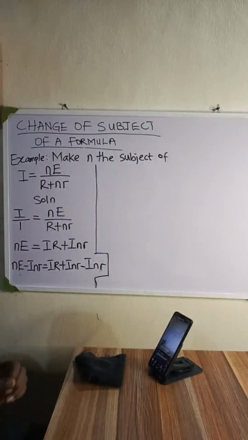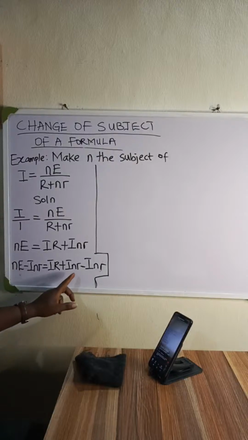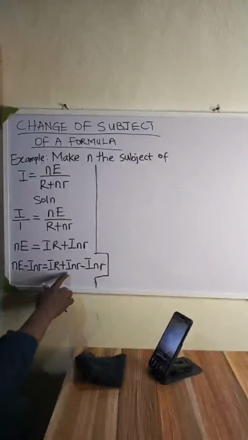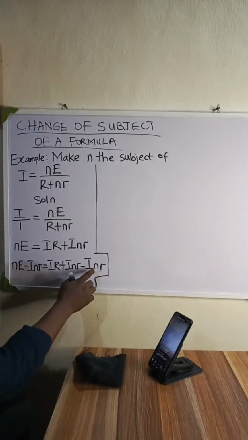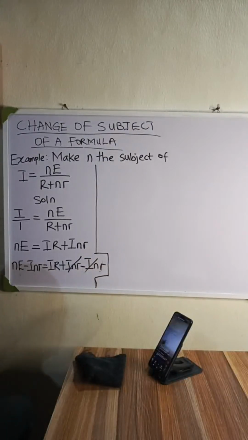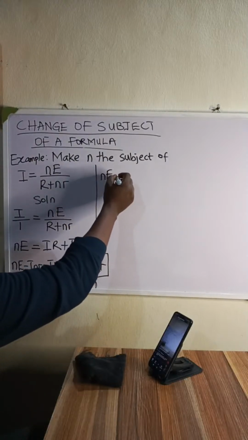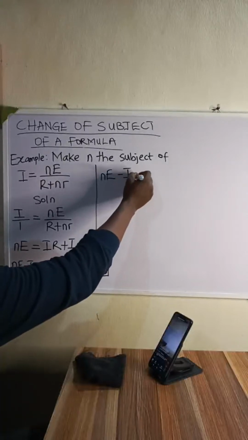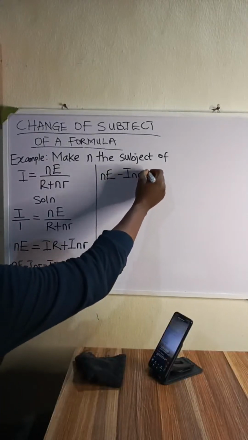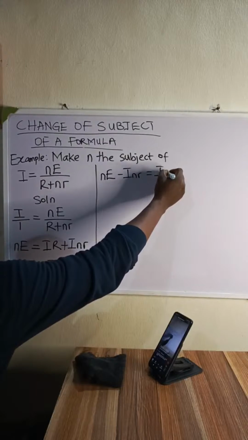Since we had to do that, we had to introduce the opposite of this to both sides of the equation. So that plus InR minus InR will cancel out. So now we have nE minus InR is equal to IR.